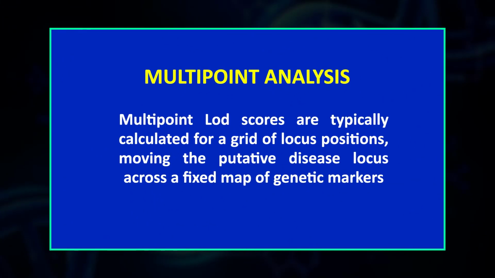Multi-point Lod scores are typically calculated for a grid of locus positions, moving the putative disease locus across a fixed map of genetic markers. The resulting Lod score curve is then plotted against this map and the maximum Lod score is noted.